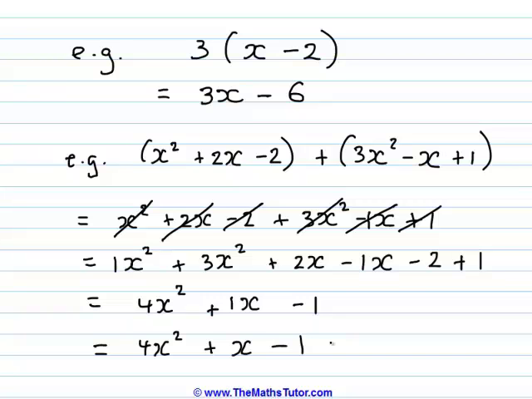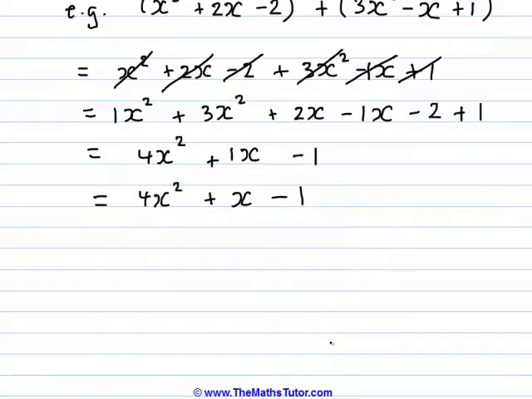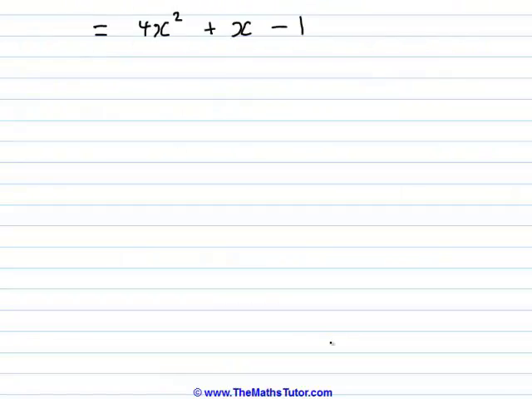Now we're going to look at multiplication of linear expressions. For example, x plus 1 by x plus 2. So this expression multiplied by this expression. To do this, we expand the brackets.